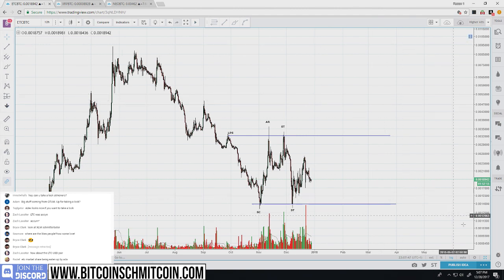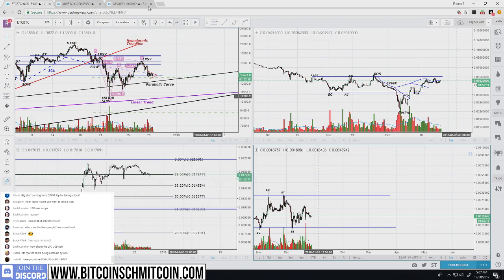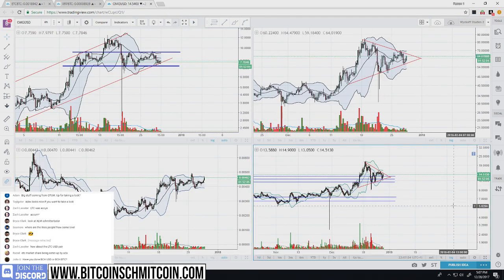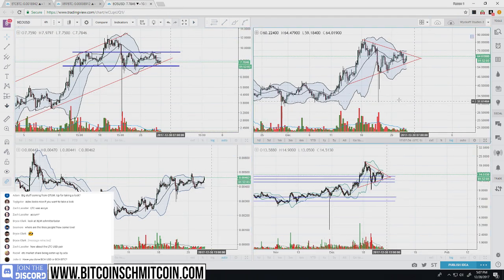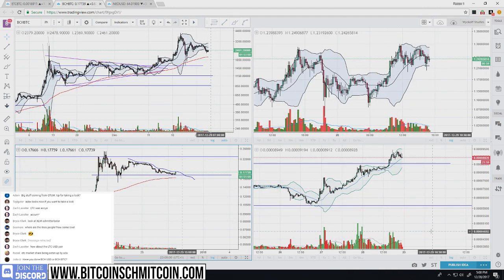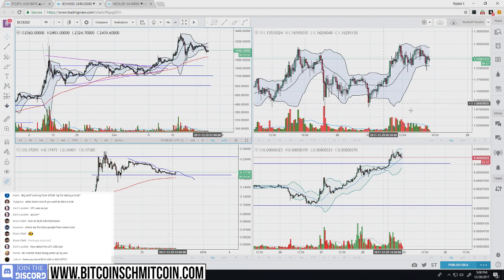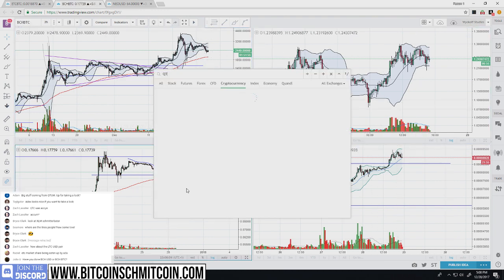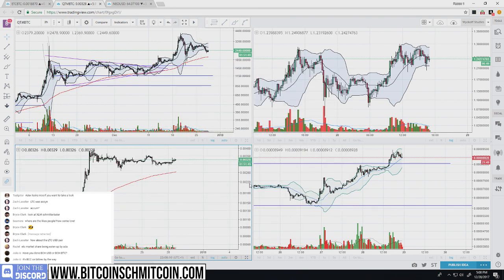So some people from the Discord are requesting Qutum. Let me find a chart that I don't mind. What is this? BCH, BTC, XRP. We can do it here. So Qutum. Let's get the BTC pair.